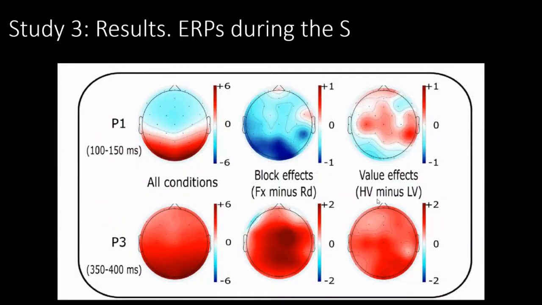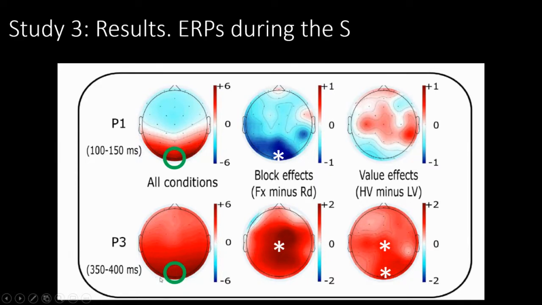For the EEG signal, we analyzed different components, but the two that showed interesting results were the P1 and the P3. You can see, when we collapse all the different factors and make this grand average, the P1 was obviously occipital, but our P3 was also occipital.